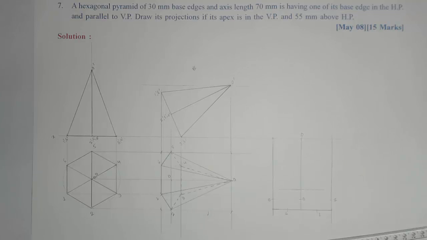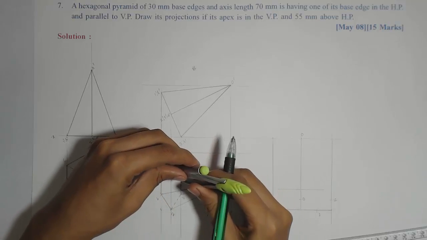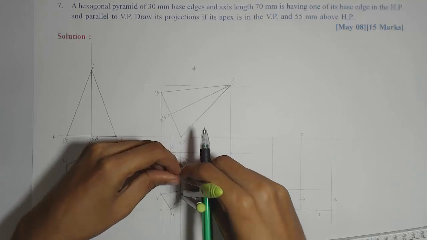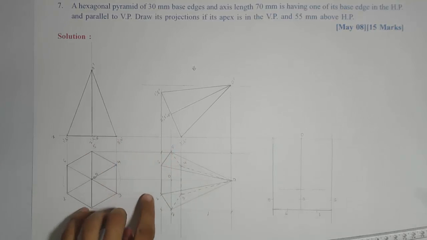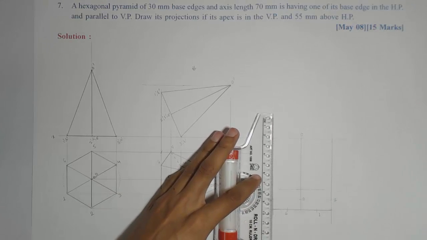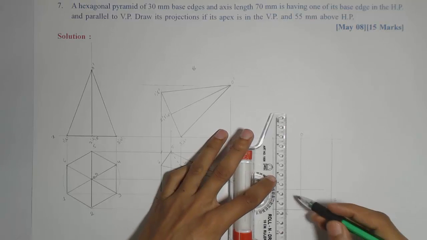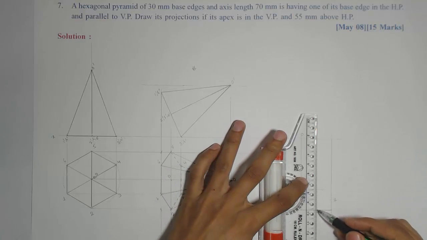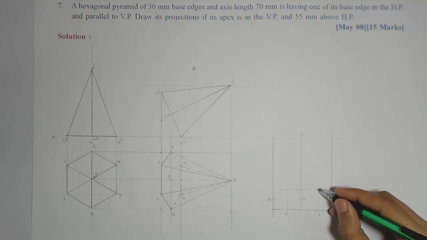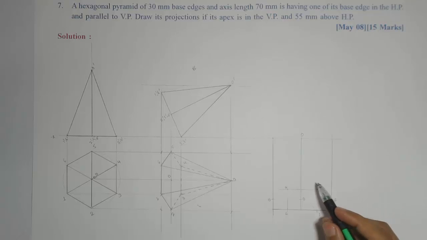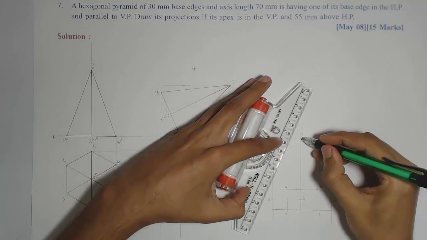And again we can cut equal distances on both sides from the center line to get 3 and 4. Obviously they are lying on the same lines as 1 and 6. So instead of doing that, we can just draw lines passing through 6 and 1, and where they cut the initially marked parallel line will give me the corresponding points. Okay, so here I am getting 4 and here it will be 3. Now we have marked all the points, so we can just join them with the same visibility. So first marking the boundary arc.